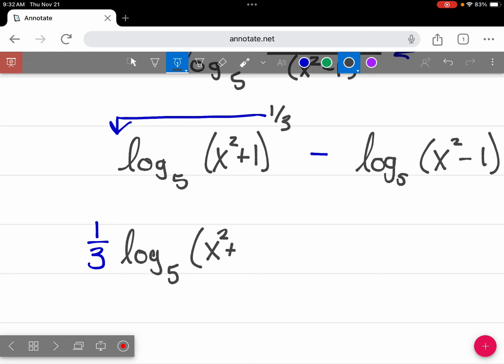Yeah, so my x squared plus 1, I could write that as a factored form, but it would have i's in it. And we're going to live in the world of real numbers with logs because ew. But x squared minus 1, that's a difference of squares. So this is the same thing as log base 5 of x plus 1, x minus 1.